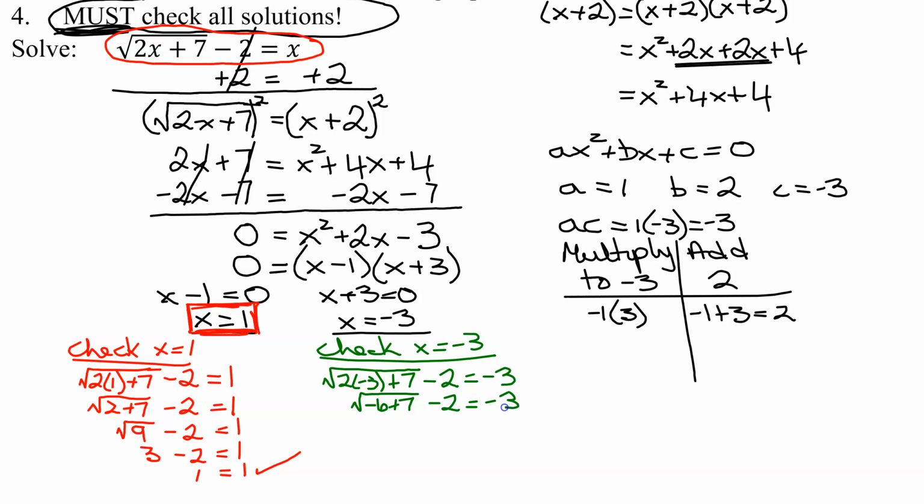Does it equal -3? -6 plus 7 is 1, so I have the square root of 1 minus 2. Does it equal -3? Square root of 1 is 1. 1 minus 2, does it equal -3? Well, -1 does not equal -3. That is incorrect. Therefore, x equals -3 is an extraneous solution. So this problem just has one solution of x equals 1.